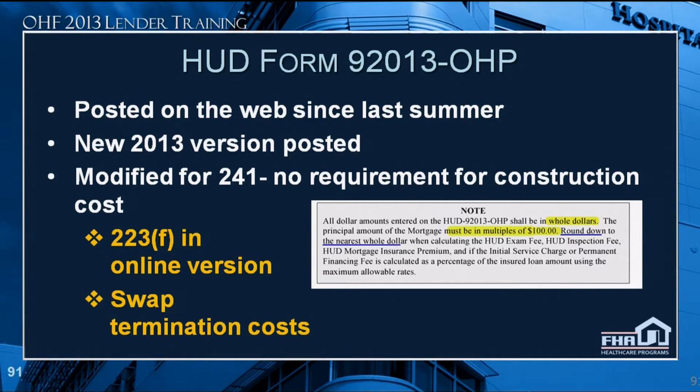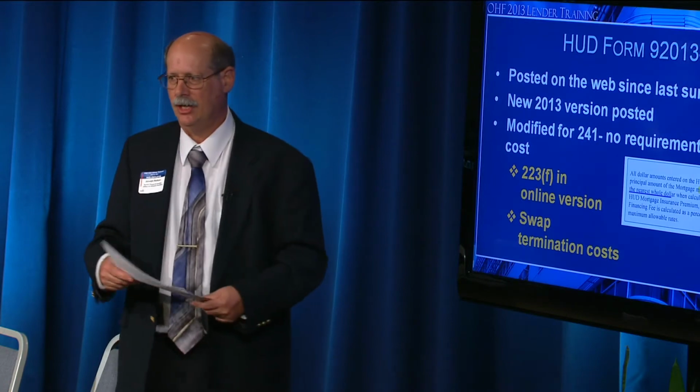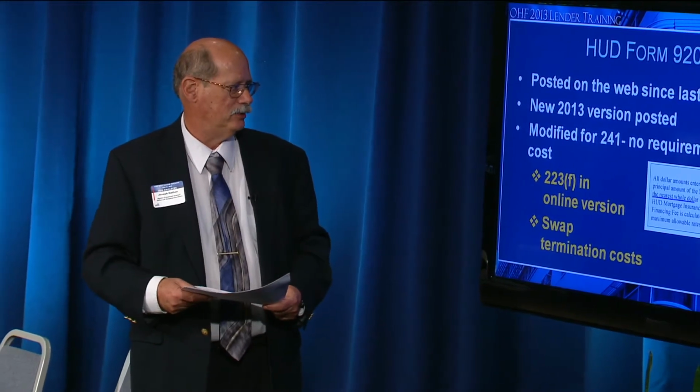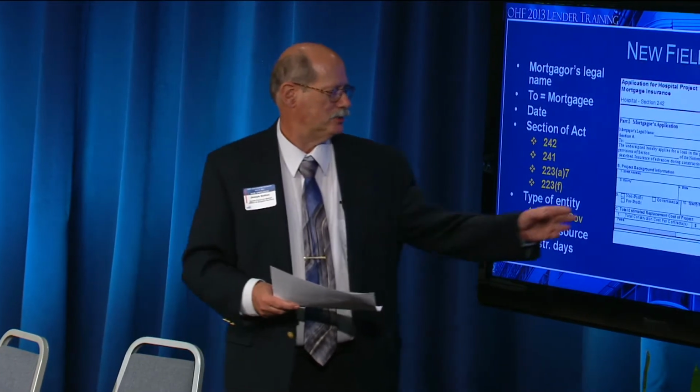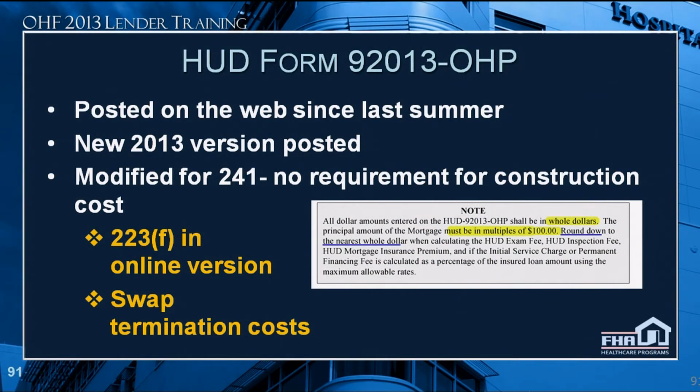223F is now built into the new version. Swap termination costs have been included as well. You also notice over here I highlighted, they went a little bit too fast for me, I wanted to point out that everything is in whole dollars. So don't give us a 2013 that says 36 cents on it.